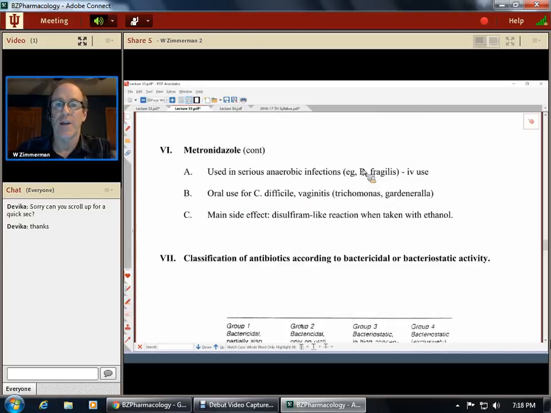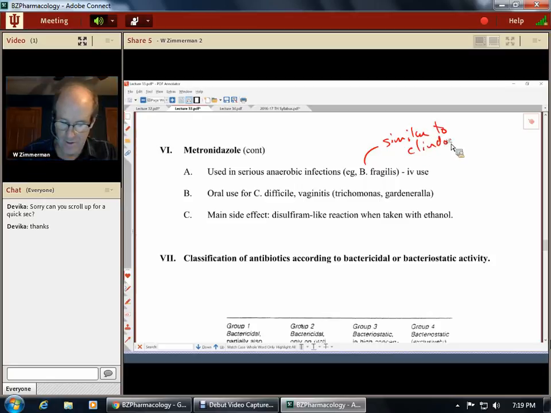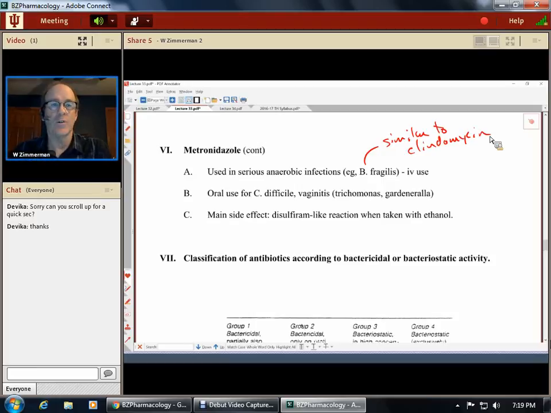It's used in serious anaerobic infections, something like a brain abscess. It would be very similar to clindamycin. Those are two of the biggest anaerobic antibiotics: clindamycin, metronidazole. Oral use can be for Clostridium difficile that's causing the diarrhea. It can also be used for vaginitis caused by Trichomonas or Gardnerella.